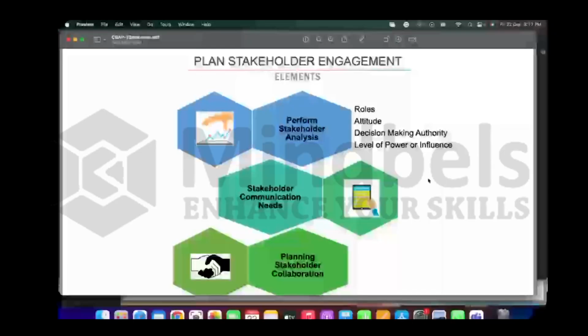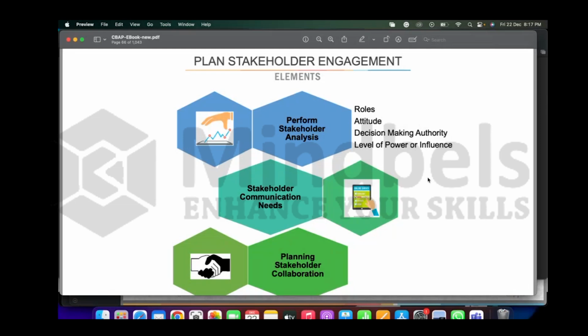You have to know when you're performing a stakeholder analysis. Stakeholder communication needs, this is very important. Identify what the communication needs are.